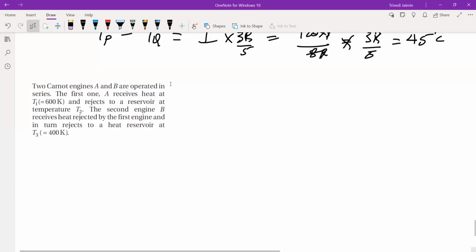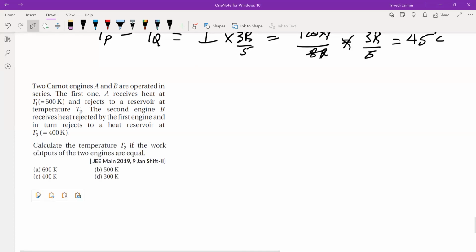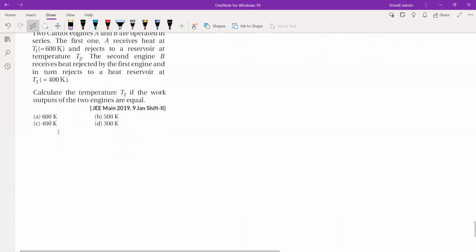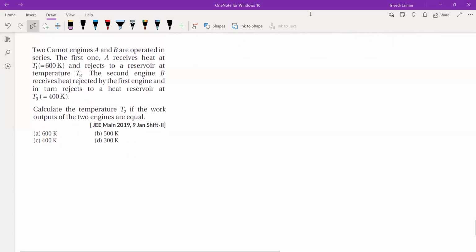Can someone try explaining this question? Okay, this time who will try? Anjali tried last time. Yes, Divya, you try. It doesn't matter right or wrong, just tell me what you understood from the question. Yes, Divya, try.